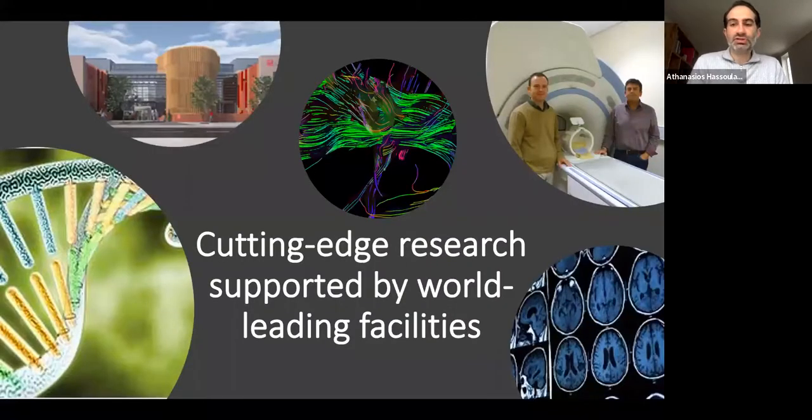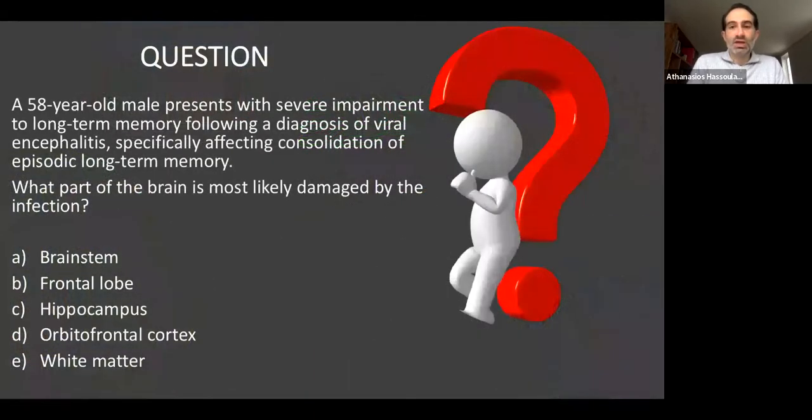So at Cardiff University, we're lucky that we have some cutting edge research and the facilities that are able to support the research that is undertaken in relation to not only psychiatry, but also specifically genetics and genomics and how that may influence the onset of certain psychiatric illnesses.